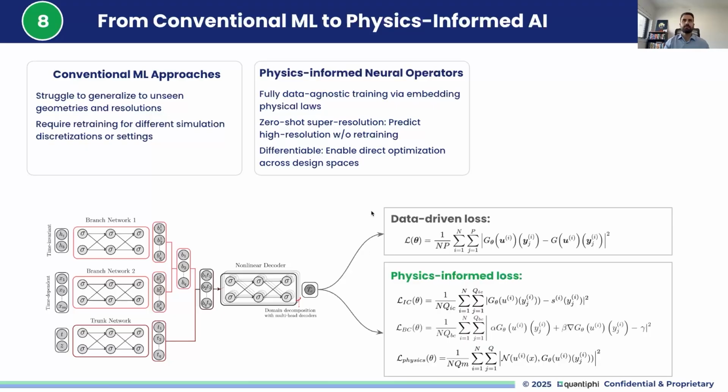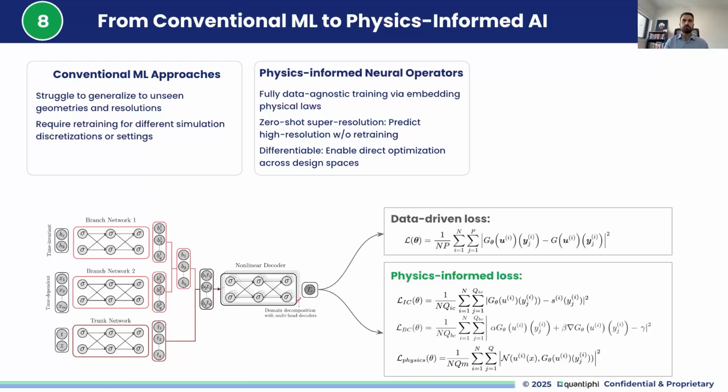On the other hand, physics-informed neural operators are fully data agnostic models, meaning we can essentially train these models on a large range of geometries, settings, and resolutions. And this gives us the adaptability that we lack in conventional ML models.